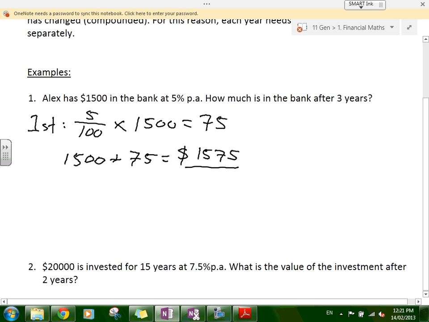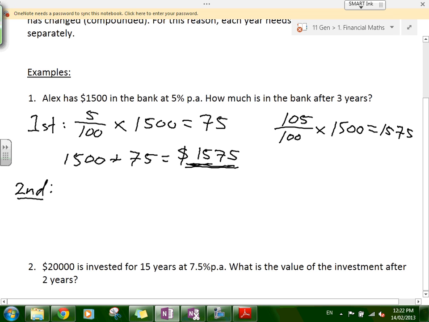The second way you can do it is add 5% onto 100%, so 105 over 100 times 1,500, which equals 1,575. That's quite a good way, because then you can do it over and over again. So then the second year, this is where it's important, we take this amount, the 1,575, and use it for our calculations. So 5 over 100 times 1,575 equals what?